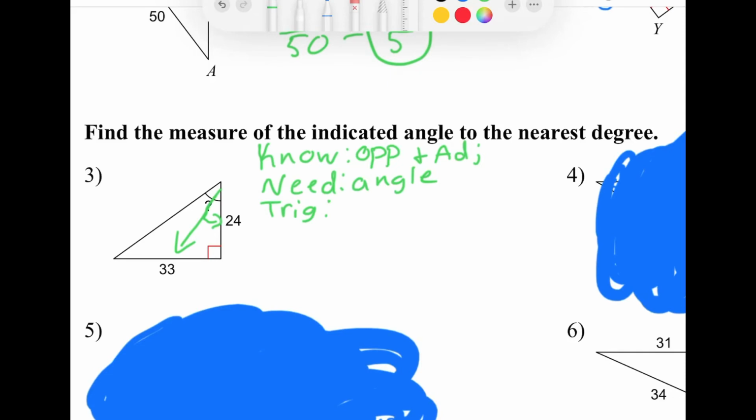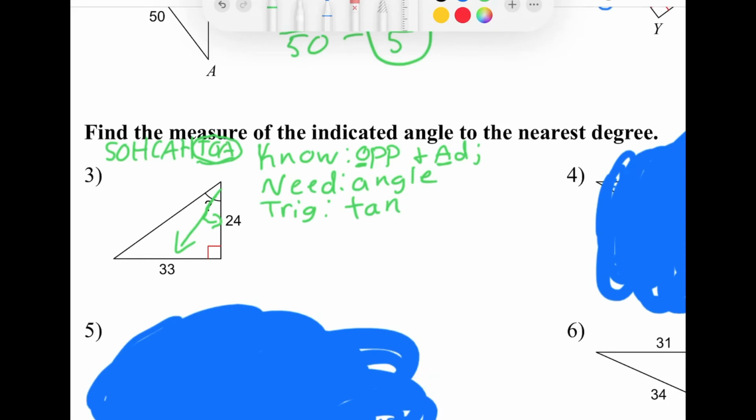So how we determine our trig function, we see that we have an O and an A involved. So in our SOHCAHTOA, which one involves an A and an O? It involves the last 3 letters, which is involving tangent.